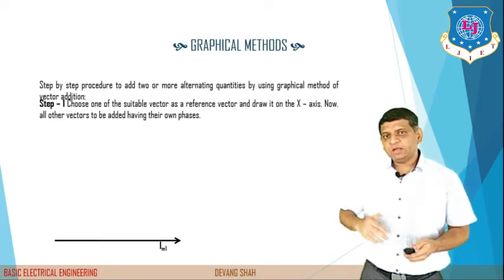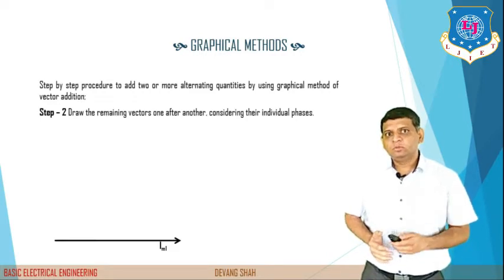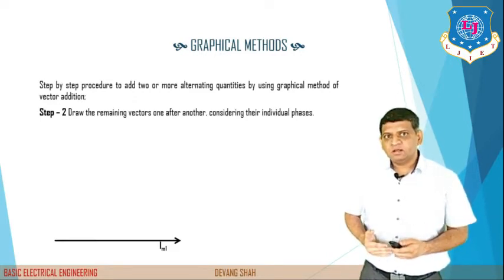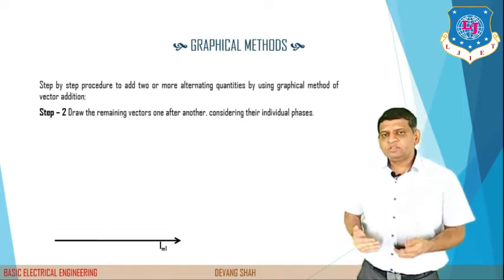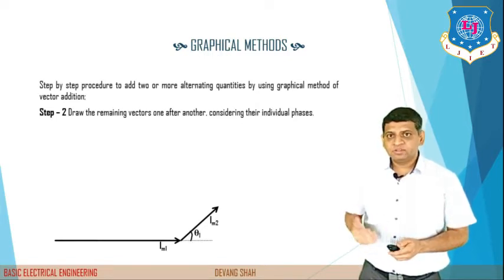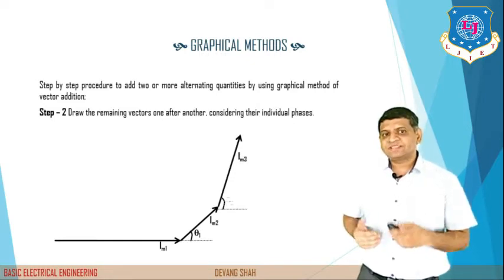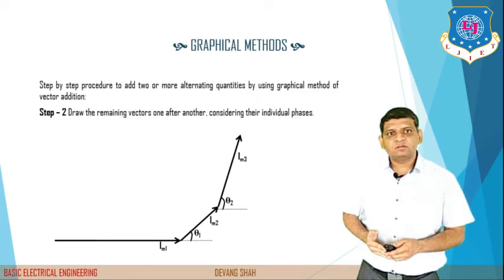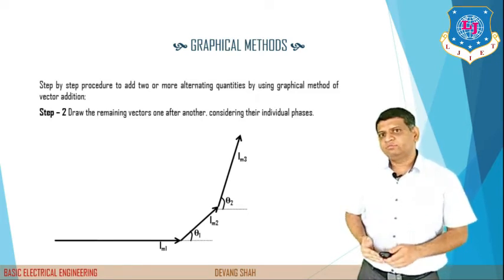In the same way, I take another vector with reference to the first vector, drawing the remaining vectors one after another considering their individual phases. So I take another vector with angle theta 1 and magnitude Im2 with respect to the first one, and with respect to the second one I take my third vector, representing the magnitude Im2 with the angle of theta 2.